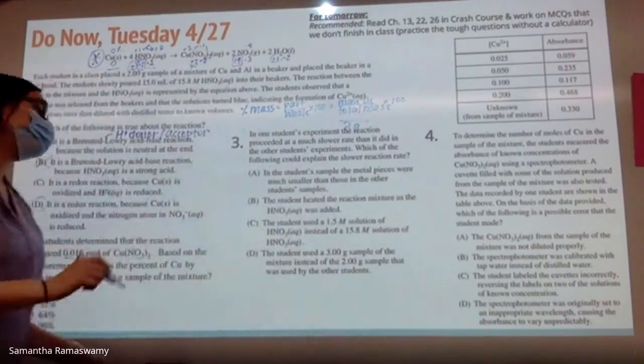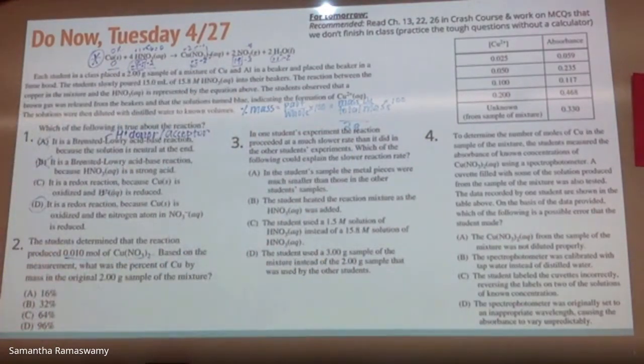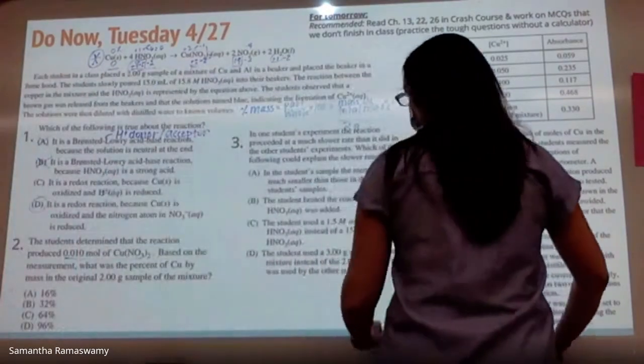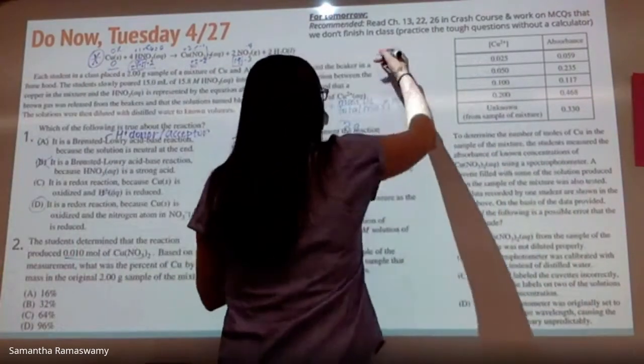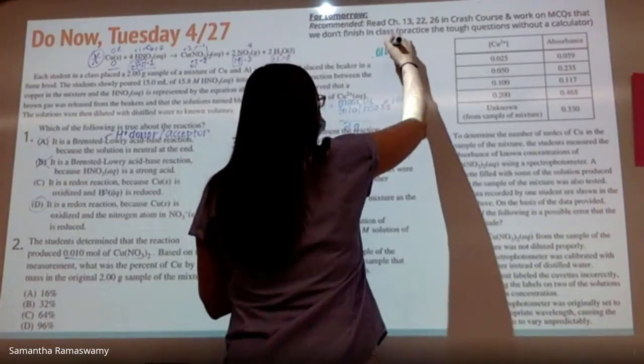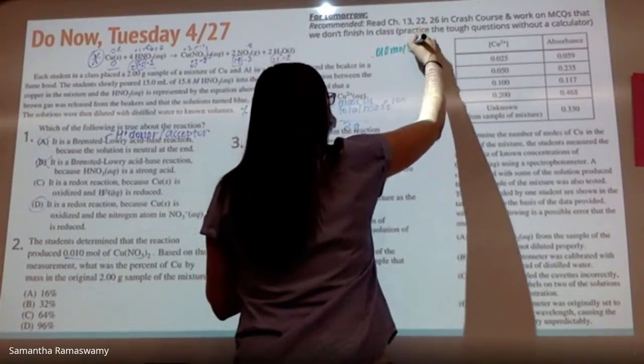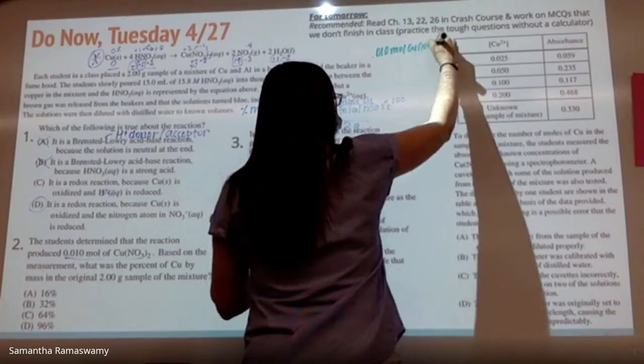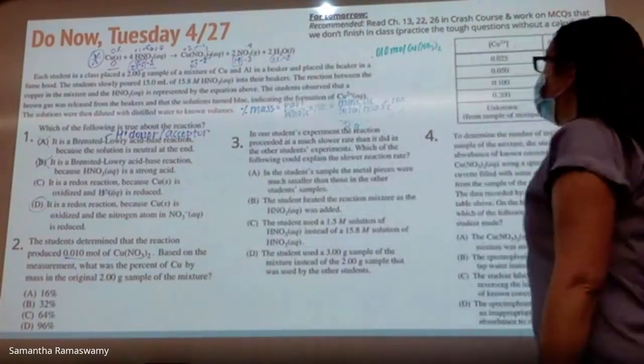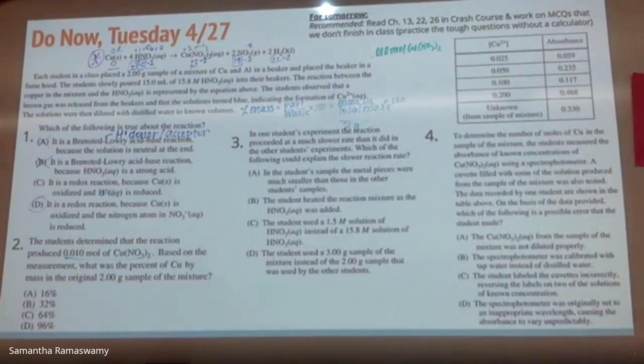So we need to figure out, based on the number of moles of copper 2 nitrate produced, what mass of copper is that? And so start with your information that you're given. 0.01 moles of Cu(NO3)2. Our goal is to take that information and get to grams of copper.